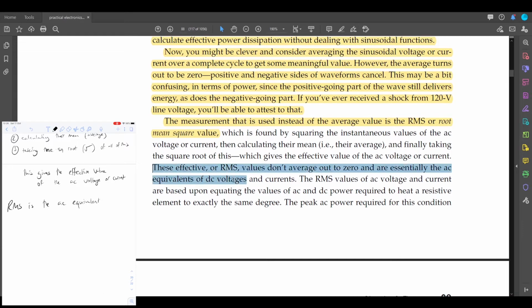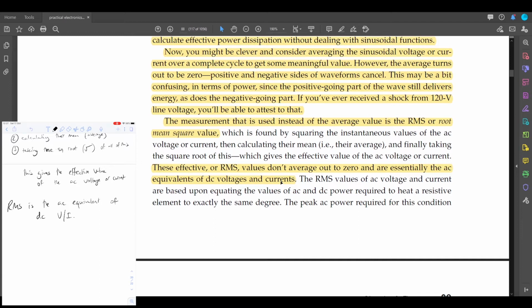This one I need to highlight. They are essentially the AC equivalents of DC voltages and currents.